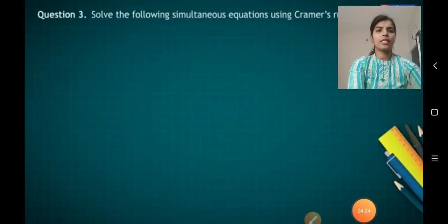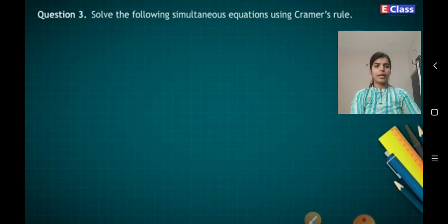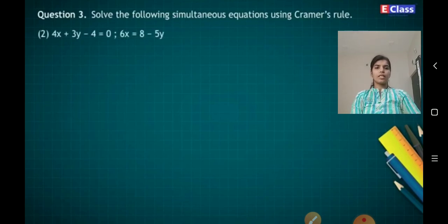Then we will see our next question: solve the following examples with Cramer's rule. Our first example is 4x plus 3y minus 4 is equal to 0. And the second equation is 6x is equal to 8 minus 5y.